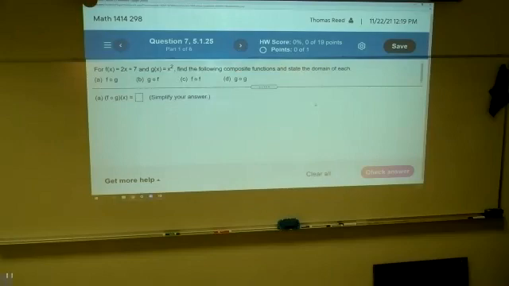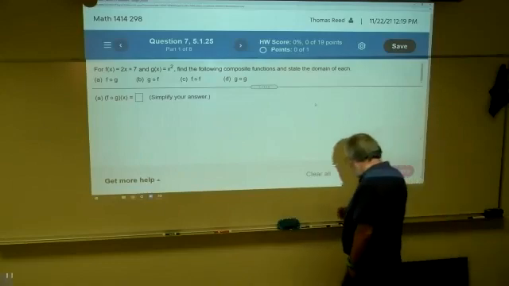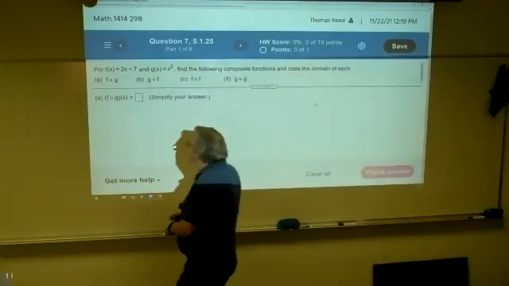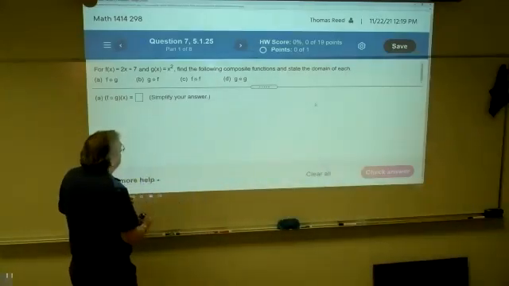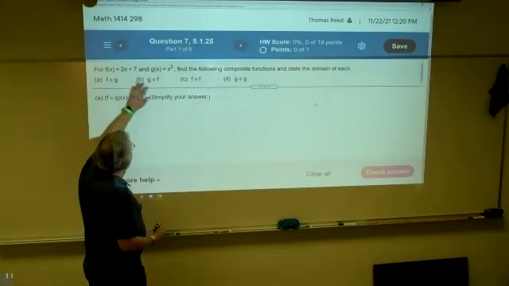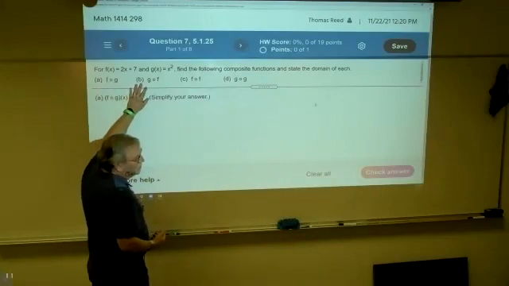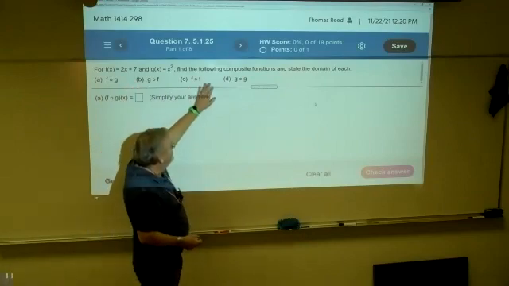So write the compositions. This is more the type of problem you'll see on the test. I'll give you 2 functions, and I will ask for at least these 2. I don't know if I'll ask for these.